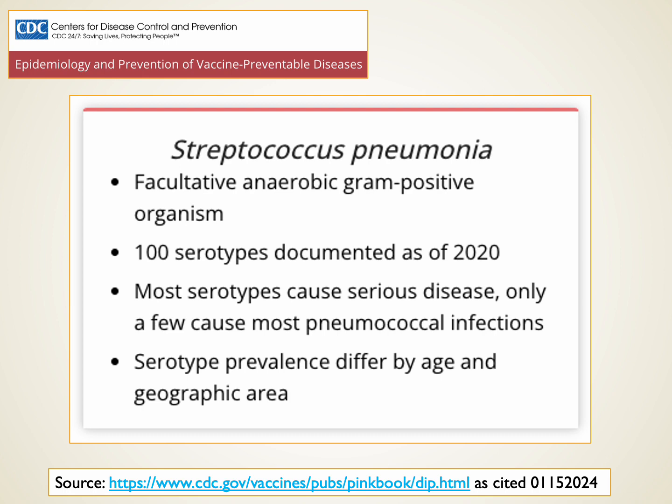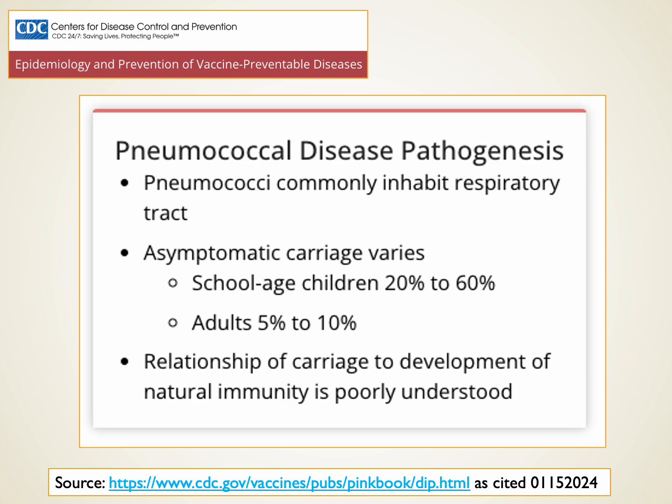The serotype prevalence can differ by age and geographic region. What gets a little confusing is that based on those serotypes, there have been multiple different vaccines with different serotypes available over the years. They've pretty much streamlined that over the last couple of years.